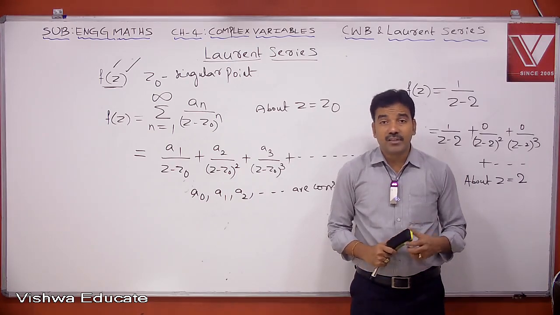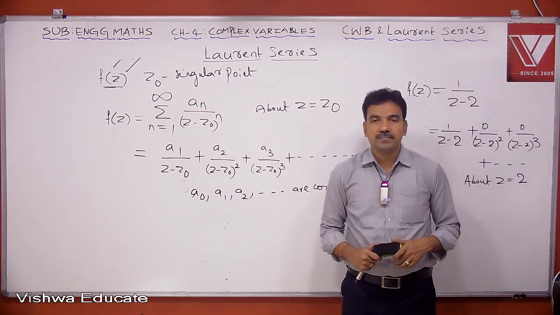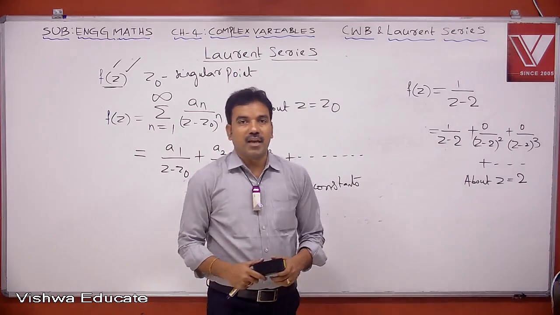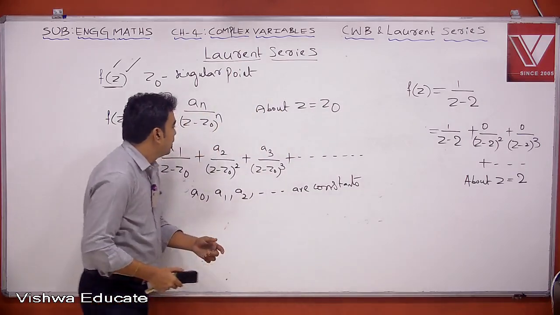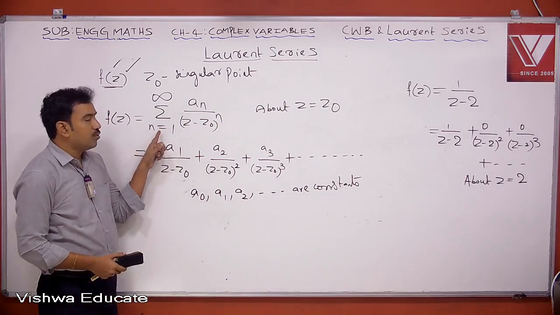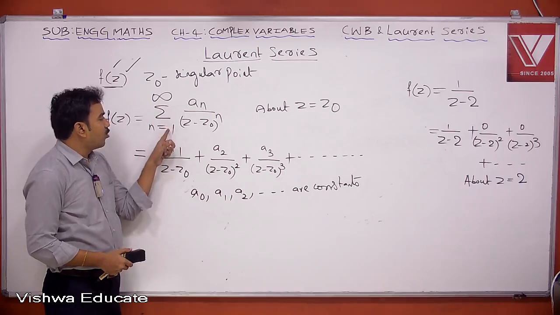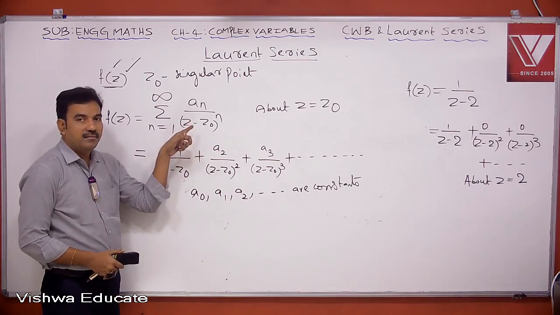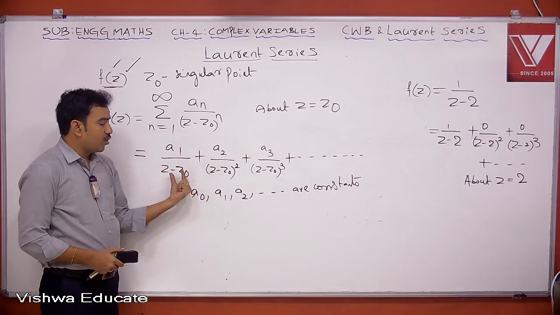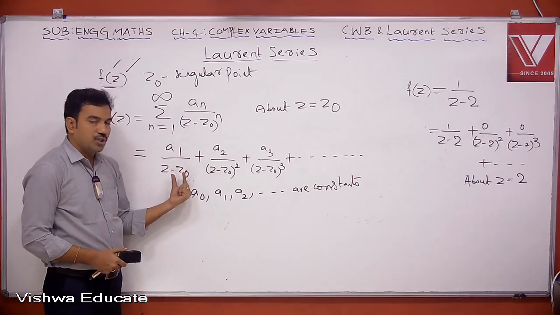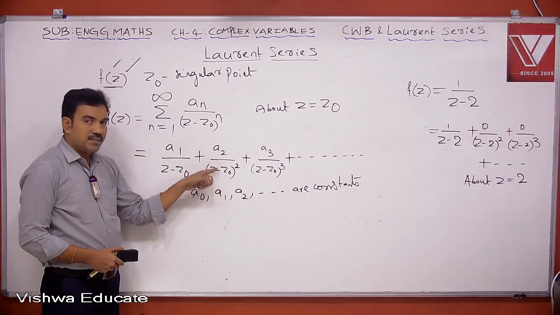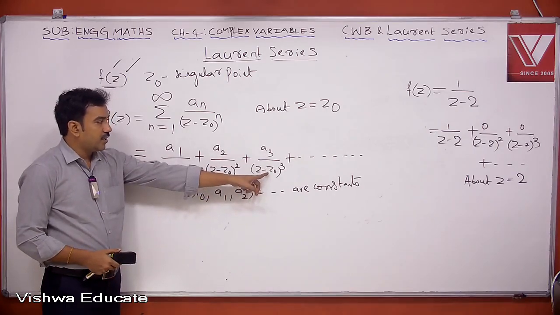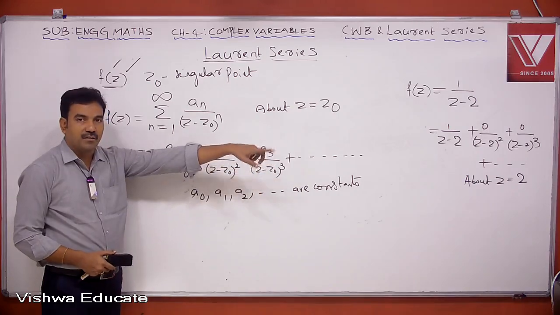Then f of z can be represented as f of z equal to sigma n equal to 1 to infinity an by (z minus z0) whole power n. That is equal to a1 by z minus z0 plus a2 by (z minus z0) whole square plus a3 by (z minus z0) whole cube plus and so on.